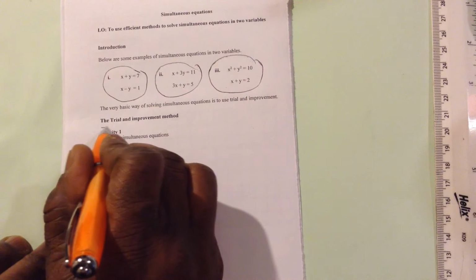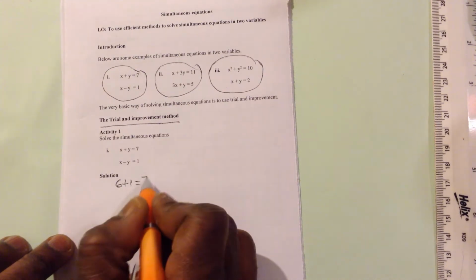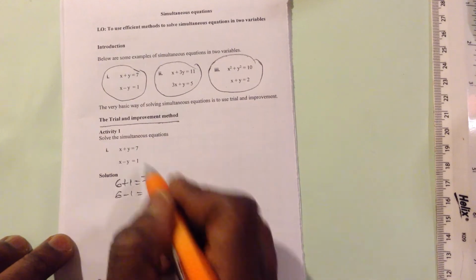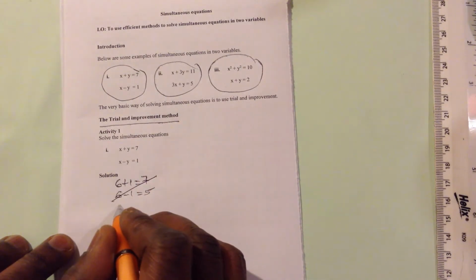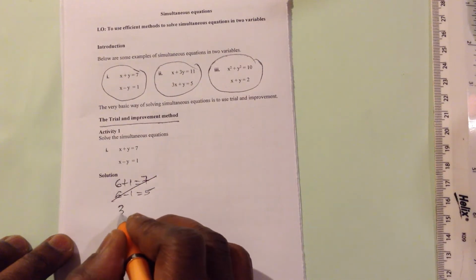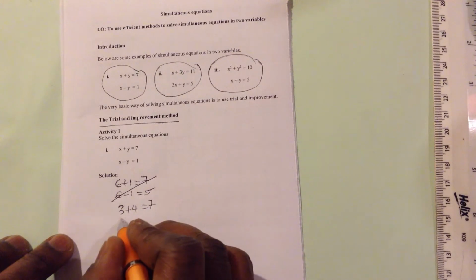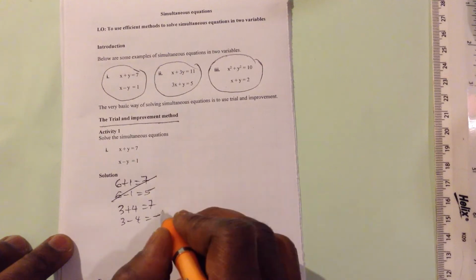The most basic method is to use a trial and improvement method. So let's say for x add y, we can consider 6 add 1 to give us 7, which is true. Then we try the 6 and 1 again. 6 minus 1, we expect to get 1, but this is giving us 5, therefore that is not suitable. We then try 3 add 4, that will give us 7, but then 3 minus 4 will give us minus 1, which again is not suitable.